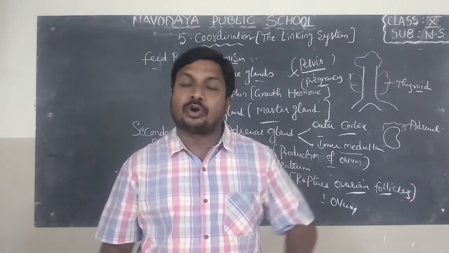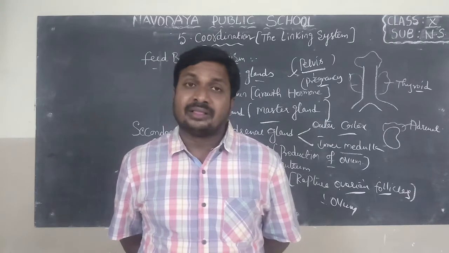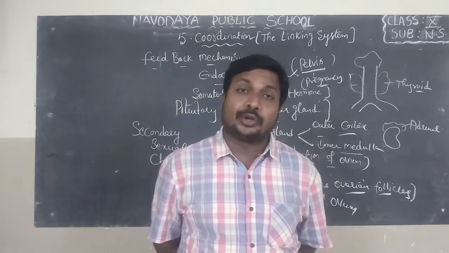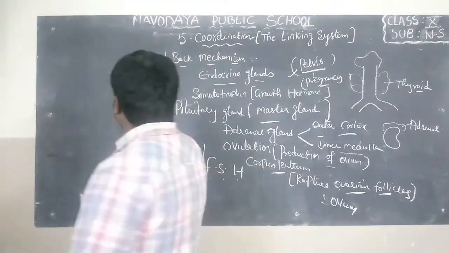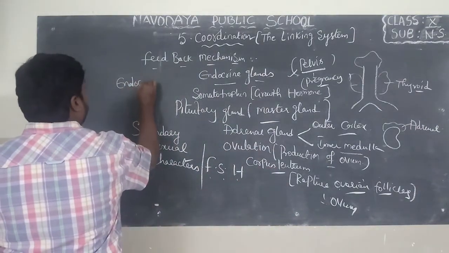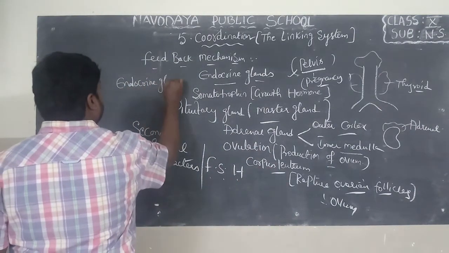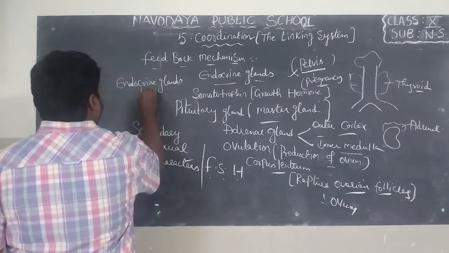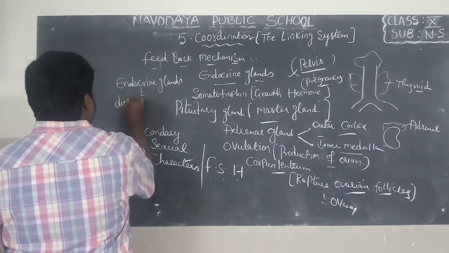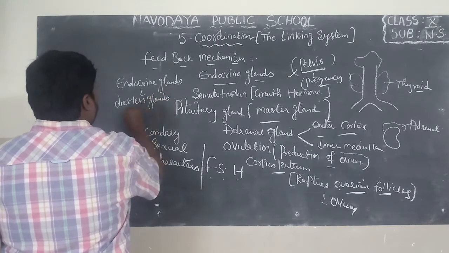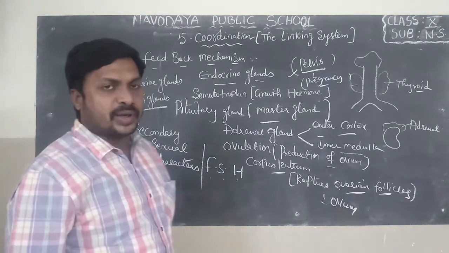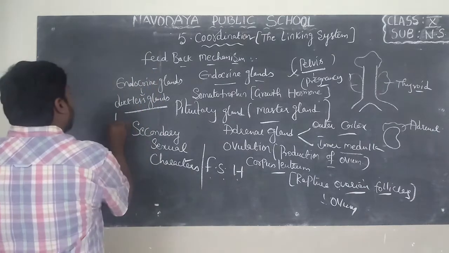Endocrine glands are also called ductless glands. They release hormones directly into blood. Why? Because they do not have ducts. That's why endocrine glands are also known as ductless glands.